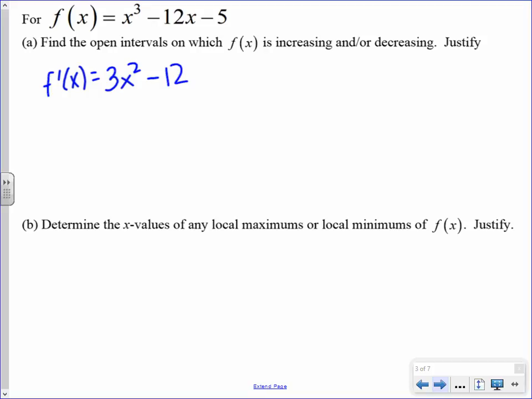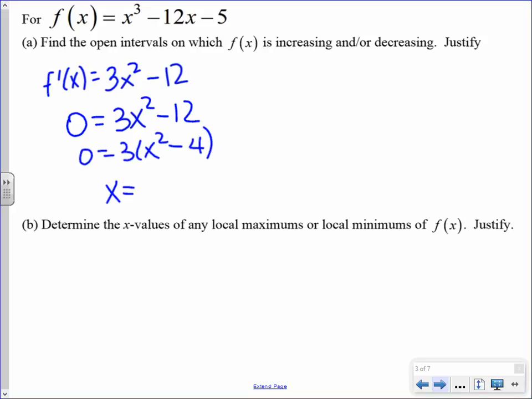And then what did we do with the derivative? We set it equal to 0. So we found critical points of, what's my mistake?